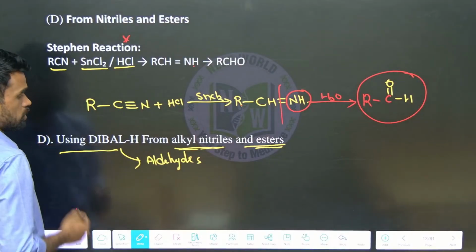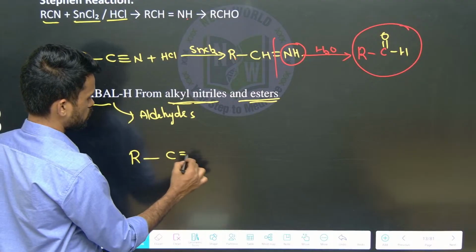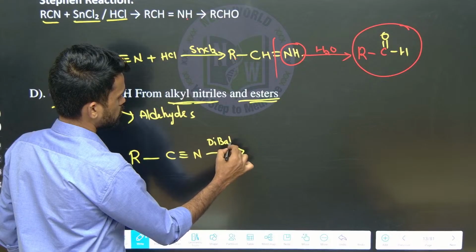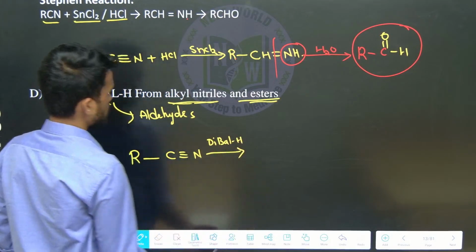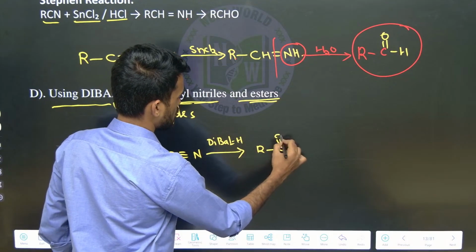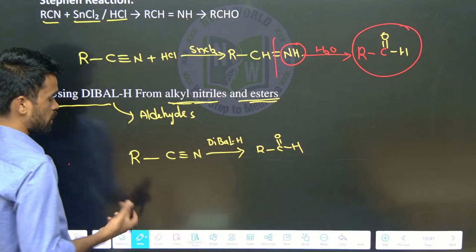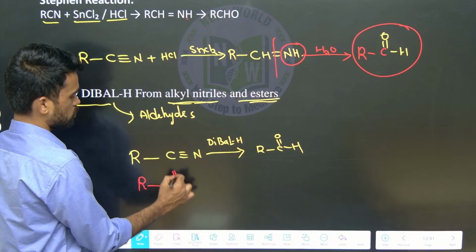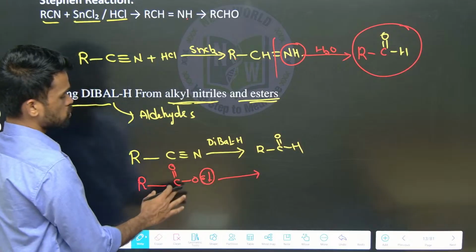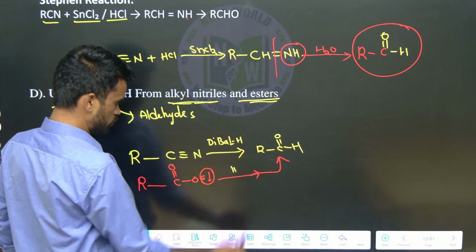Right, so now let me give you one example here. DIBAL-H will give you the respective aldehyde. The same number of carbons should be there, that's it. Write the respective aldehydic product. It can be an ester also. It can be any alkyl group. So this will convert into the respective aldehydic group when I use DIBAL-H.